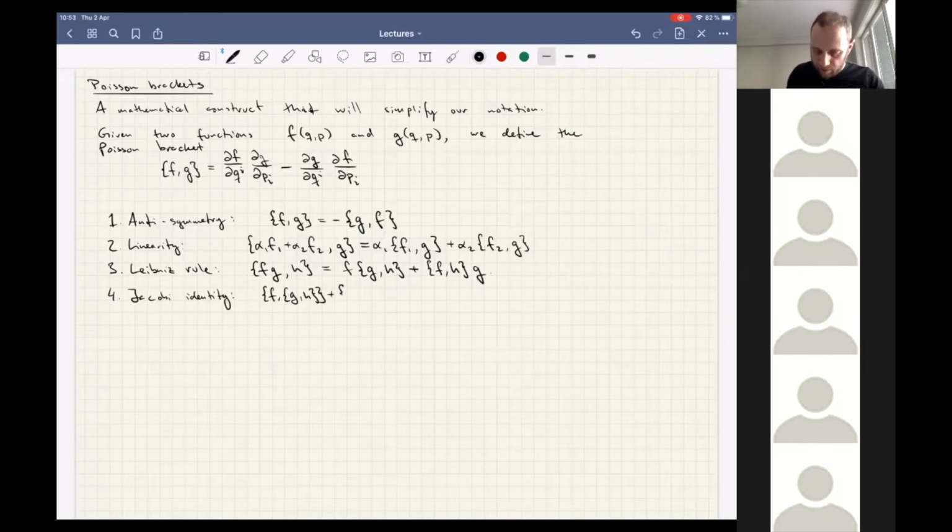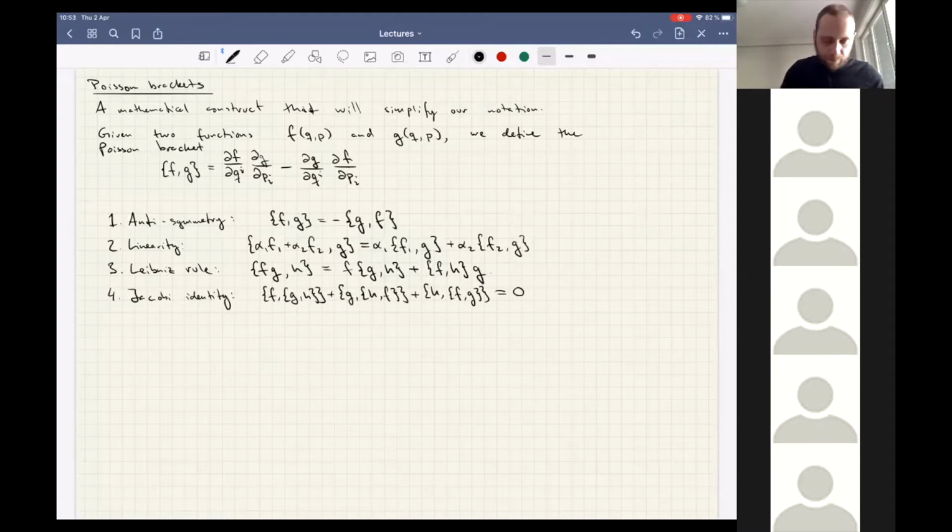So we add g, h, f plus h, f, g. This is equal to 0. Now, this is not hard to show. It's just a bit tedious to show. It essentially involves inserting the definition of the Poisson bracket and seeing how terms cancel out magically.